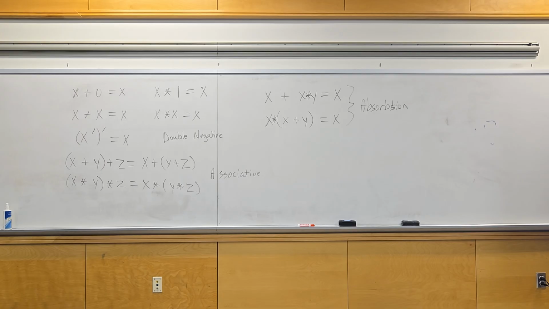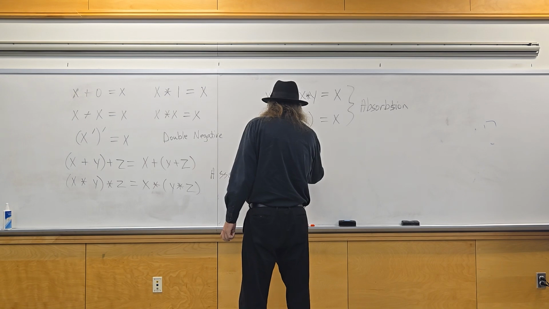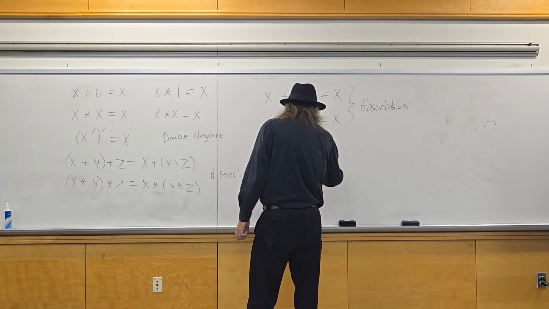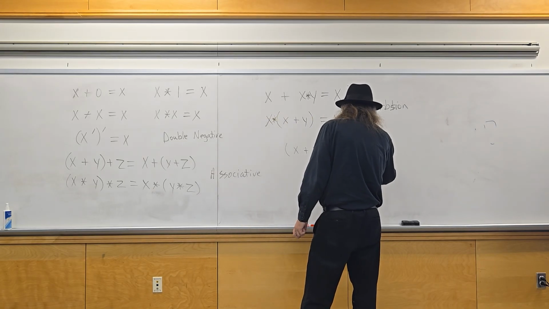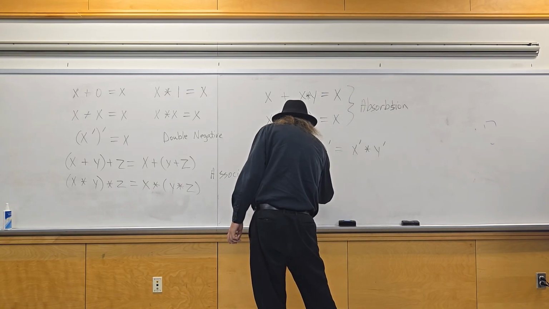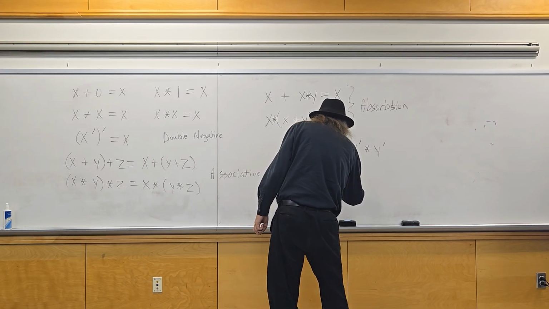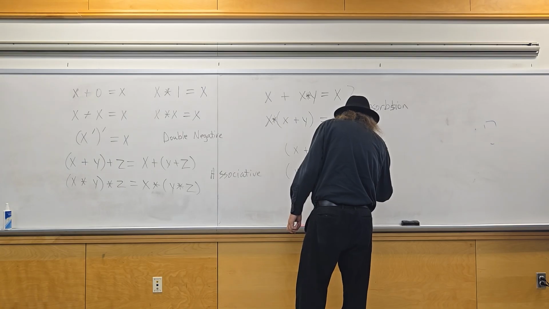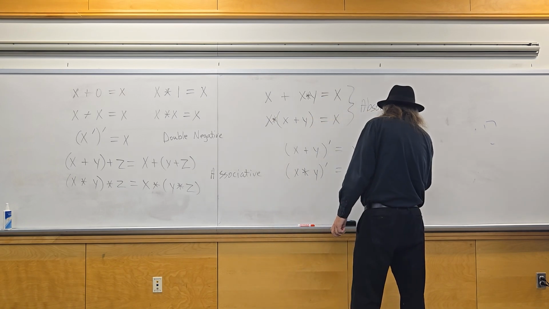Now, one law is named after a person, De Morgan's law. And X and Y. This is De Morgan's laws.